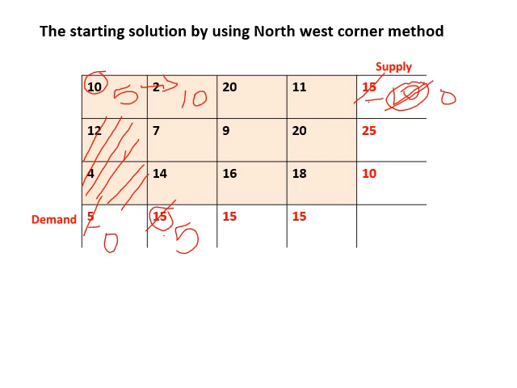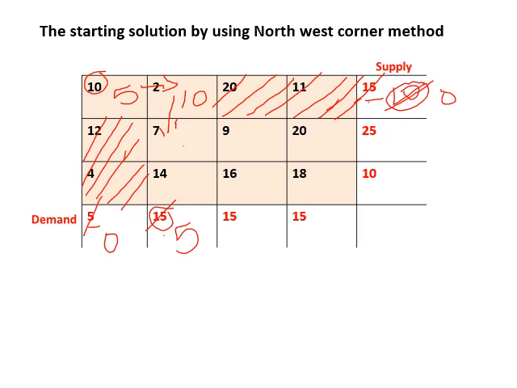Here, this source will be closed because we don't have any more amount to be shipped. In this case, we should go to the cell downward, and we will move to this cell with the cost 7.